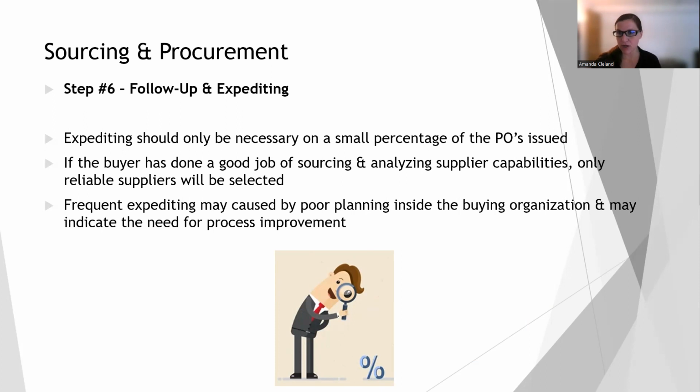If we have done a good job as the buying organization of sourcing, analyzing our supplier capabilities, setting their expectations accordingly, and setting the contracts in place well, we're only going to be using reliable suppliers. So if we are having a lot of frequent expediting, if we have vendors that are delivering late and we've got to put pressure on them, we've got to threaten them, this could be caused on our end by poor planning and may indicate that we need to focus perhaps on some process improvement.